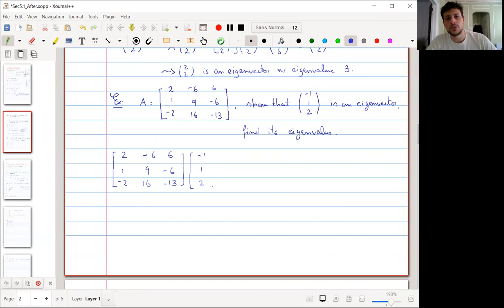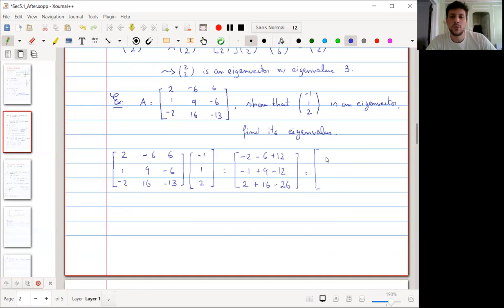When I compute this, I get 2 times -1, -6 plus 12 in the first entry. Then I get -1 plus 9 minus 12 in the second entry. And then I get 2 plus 16 minus 26 in the third entry.